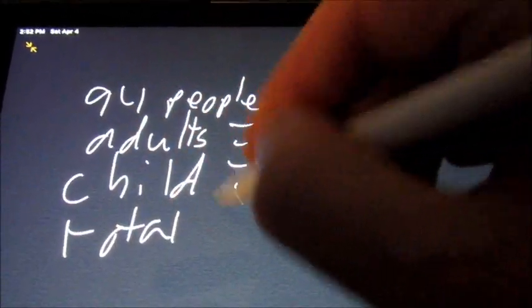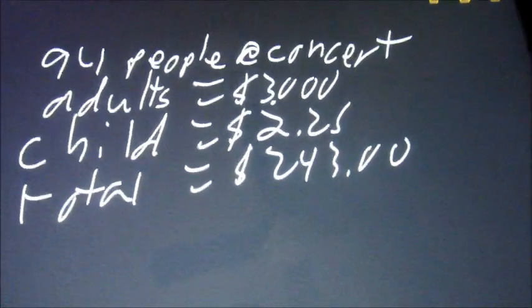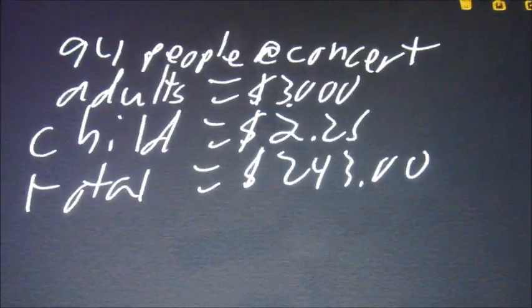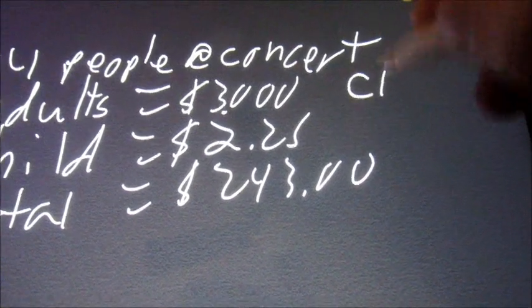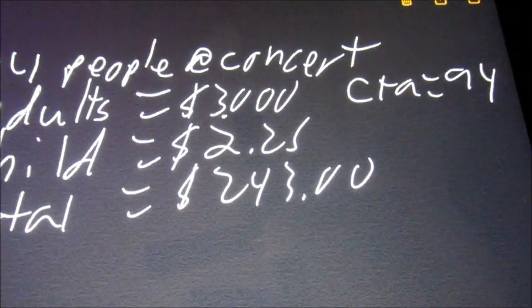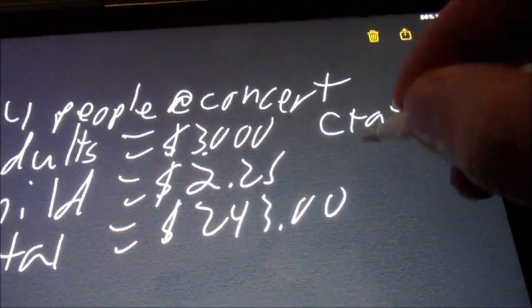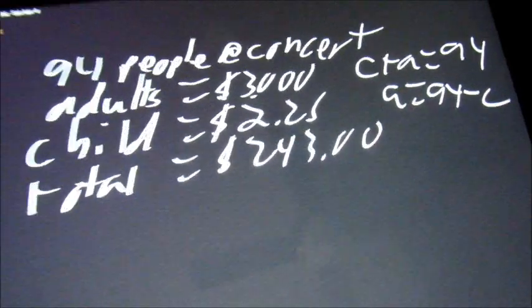The total brought in was $243. So how many of each ticket was sold? So I'm going to do here, we know that C plus A equals 94. And so I'm going to solve for A. So A equals 94 minus C.